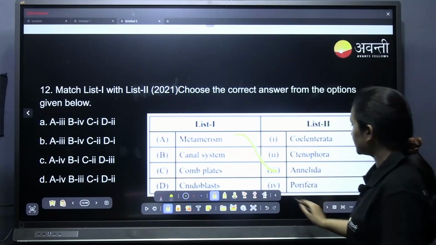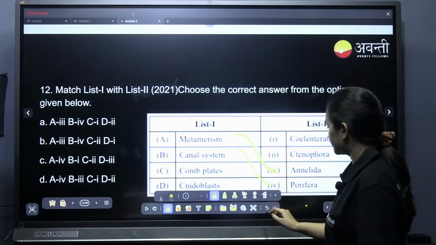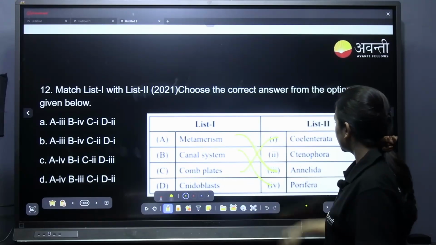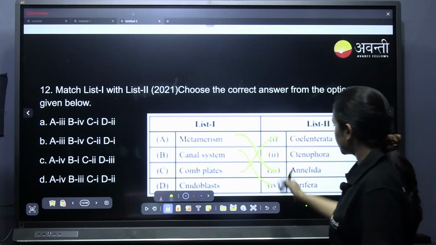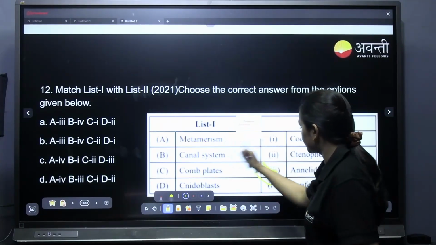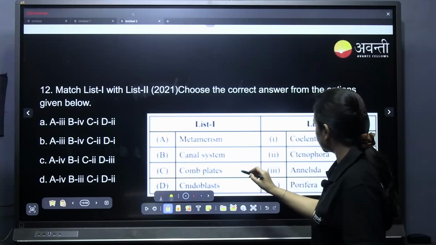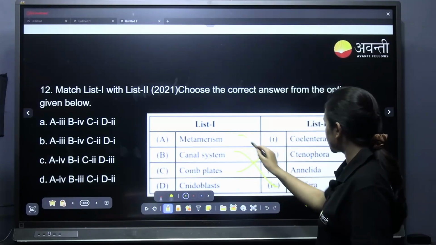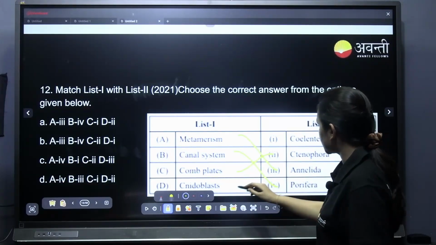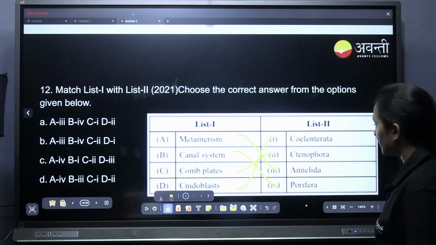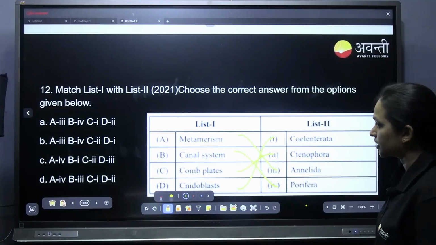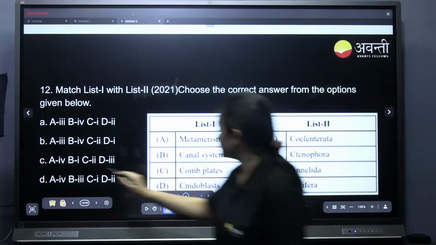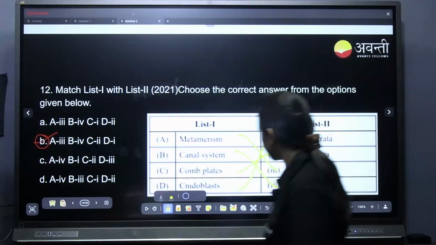Canal system you can see in porifera, and comb plates you can see in ctenophora, canal system you can see in porifera, metamerism you can see in annelids, and cnidoblast you can see in coelenterata. So, A3, B4, C2, B for Bombay as a correct answer.